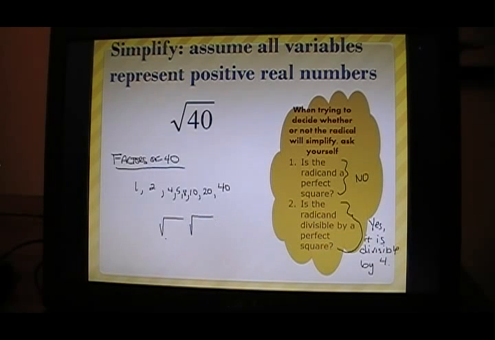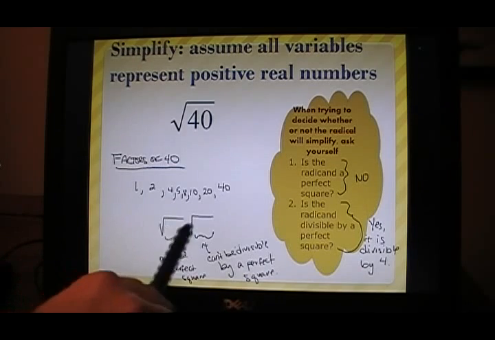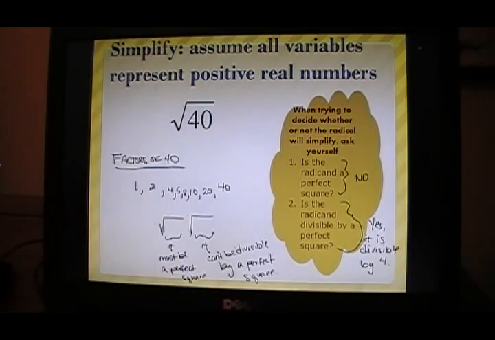Remember, my 3 conditions are that what I put here must be a perfect square, what I put here must be a number that's not divisible by a perfect square, and lastly, the product of these two numbers must be 40.